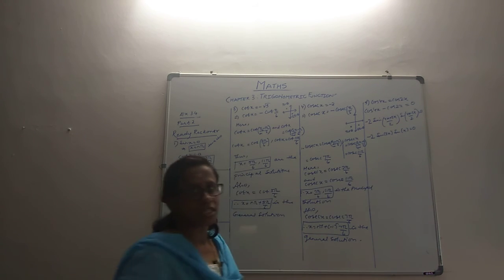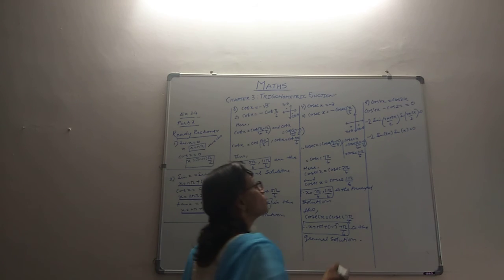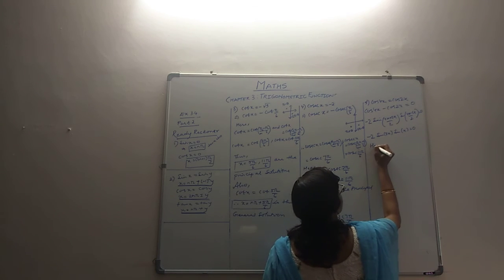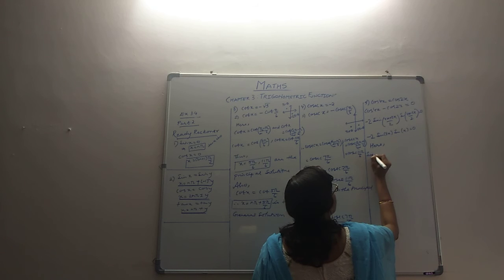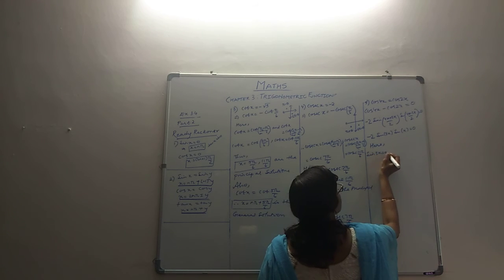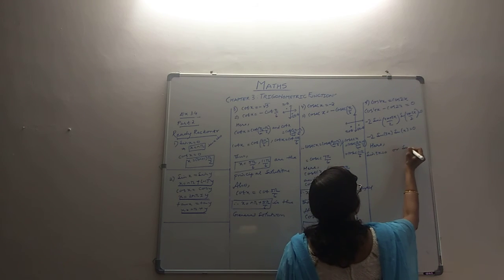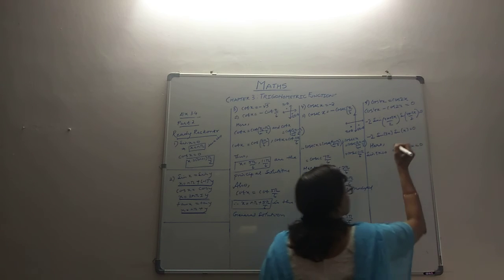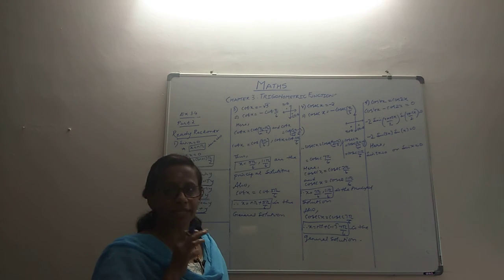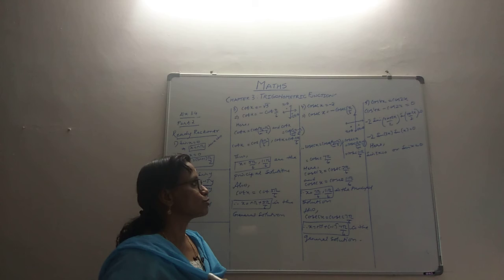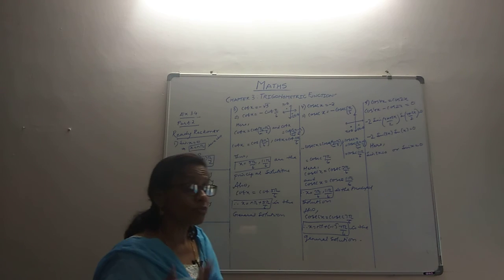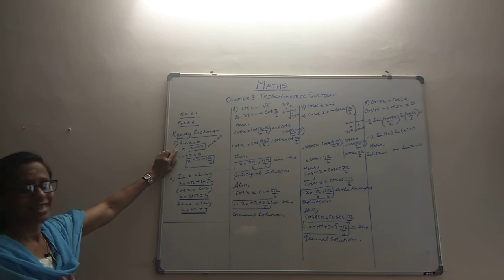Whenever a product is 0, either of the terms will be 0. So you can have sin 3x equal to 0, or you can have sin x equal to 0. If either one becomes 0, the entire expression becomes 0. So we have to work it out.